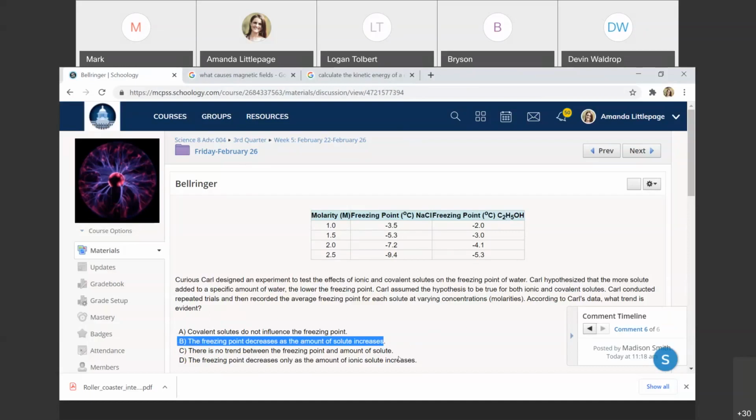So the answer is B, the freezing point decreases as the amount of solute increases. So if you didn't get this one right, you can go ahead and go back into the post and make your correction. And then we'll get ready to move on to the next activity that we're going to do today.